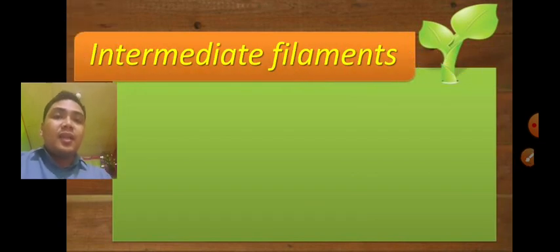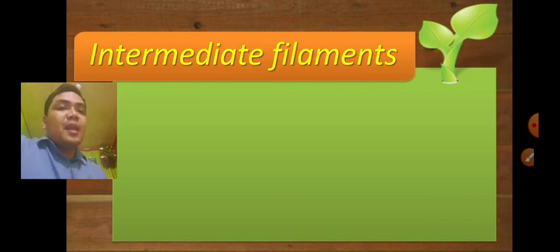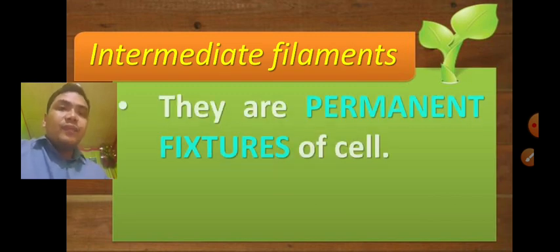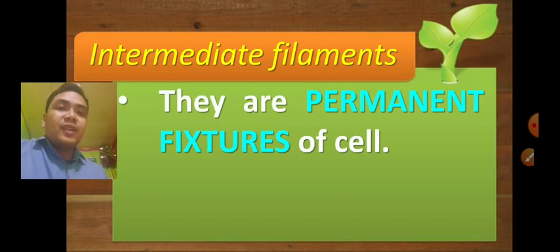And this will be the summary of the definition for the intermediate filaments. These are types of cytoskeleton in which they are the permanent fixtures of the cell.